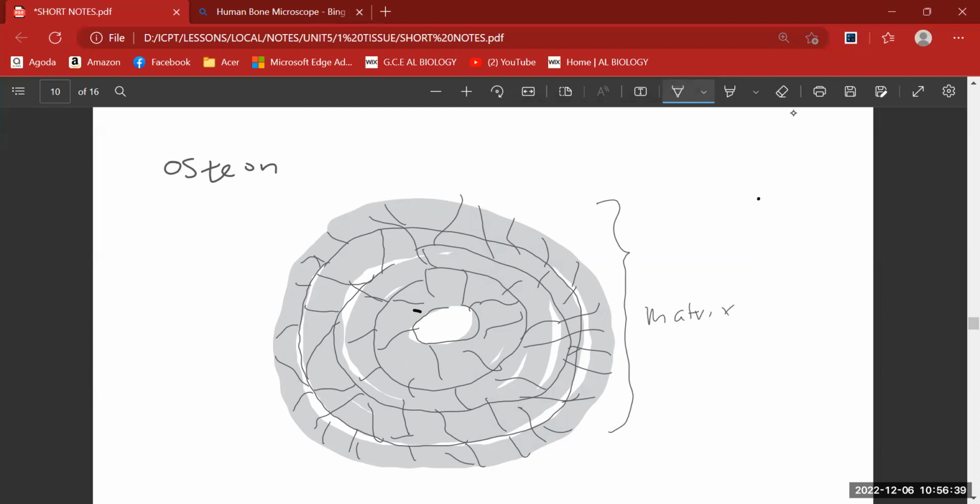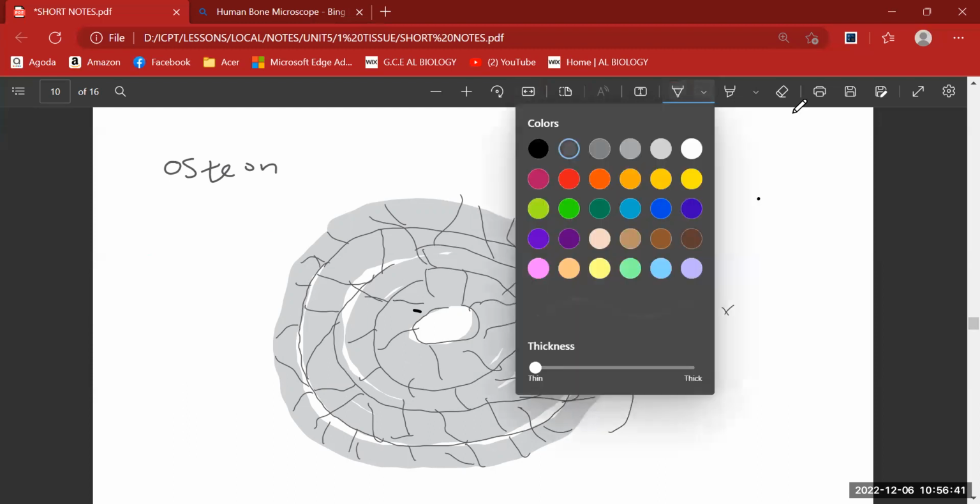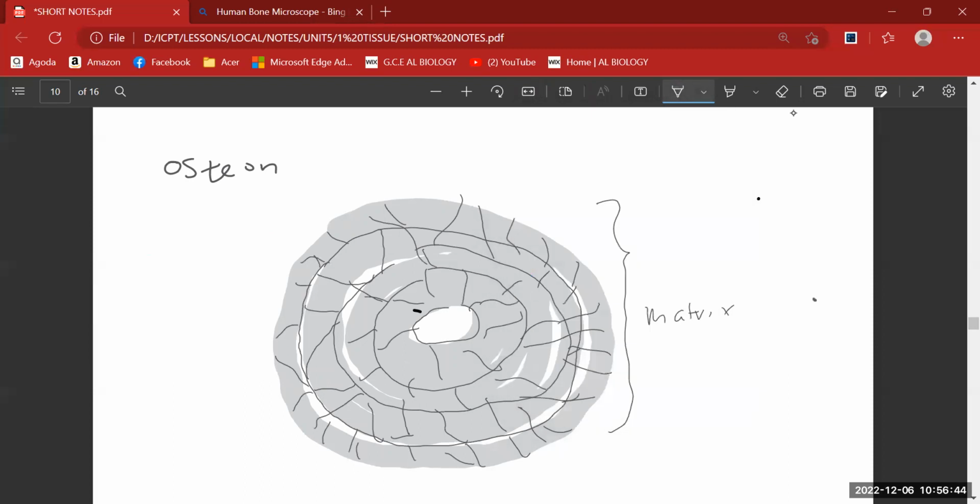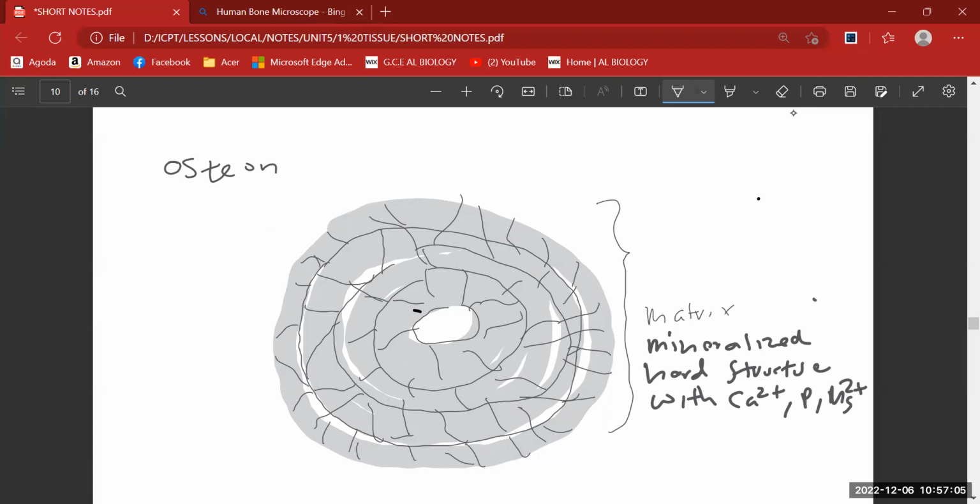The matrix is a mineralized, hard structure with calcium, phosphorus, and magnesium. Minerals are very important to form the bone. The minerals deposit to make the hard part of the structure.